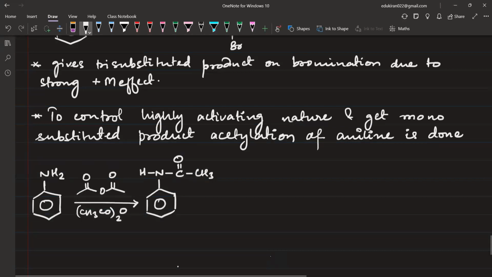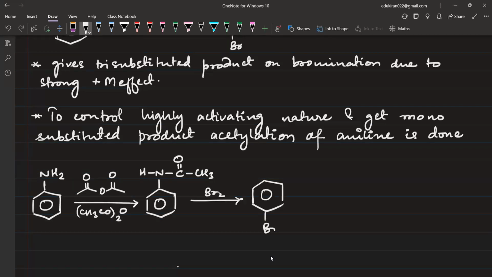ठीक है. Now, after this we can do bromination, है ना. यहाँ पे इसके बाद आप bromination जब करेंगे Br2, so you can see the ortho position, it is very sterically hindered. तो ortho position में यहाँ पे कुछ भी reaction नहीं होगा. You will only get a para product, that is bromine in the para position, and the acetylated amine in the first carbon atom like this, C double bond O bonded to CH3. ठीक है. अच्छा, अब दूसरी चीज ये है कि how to remove this whole thing.